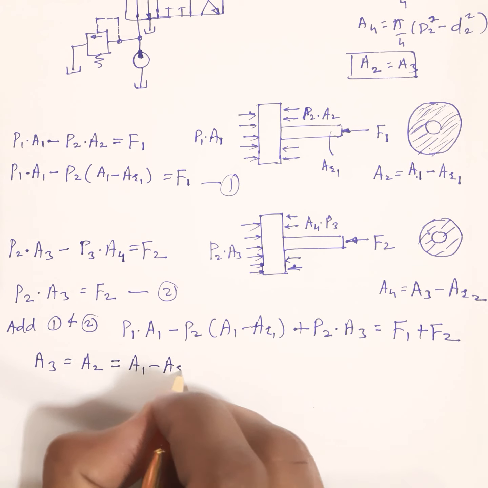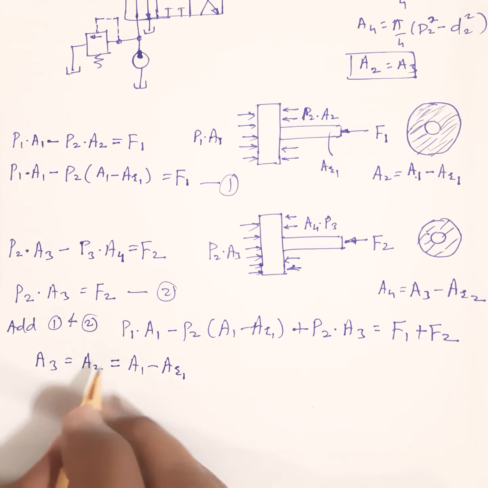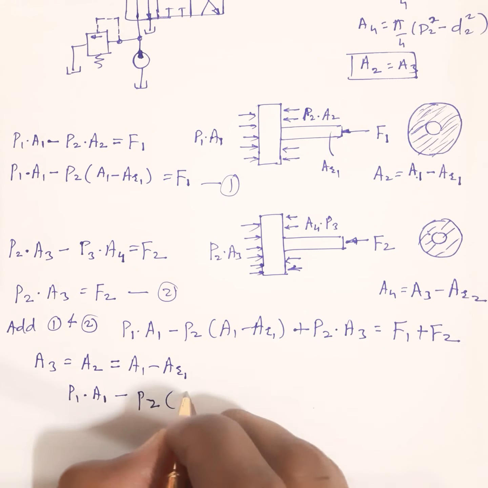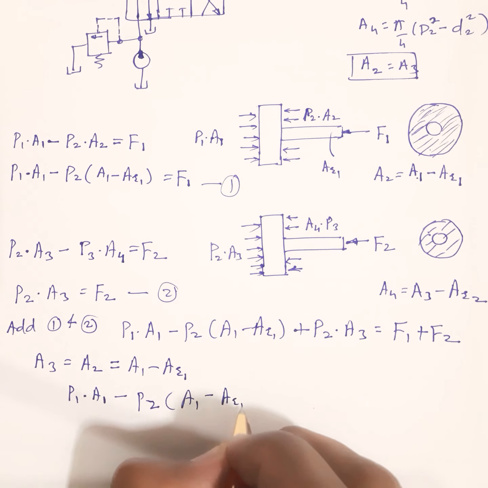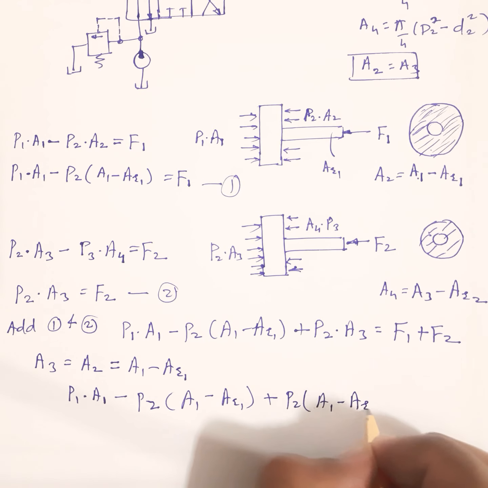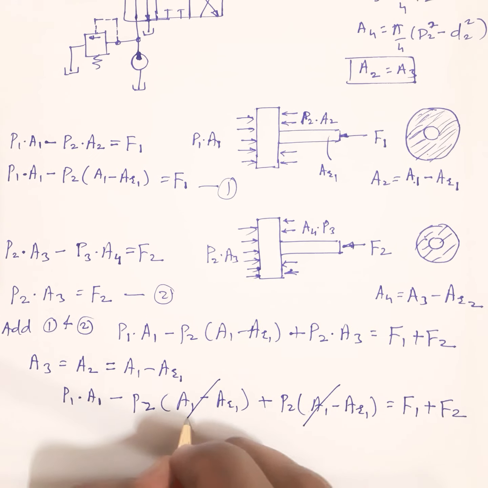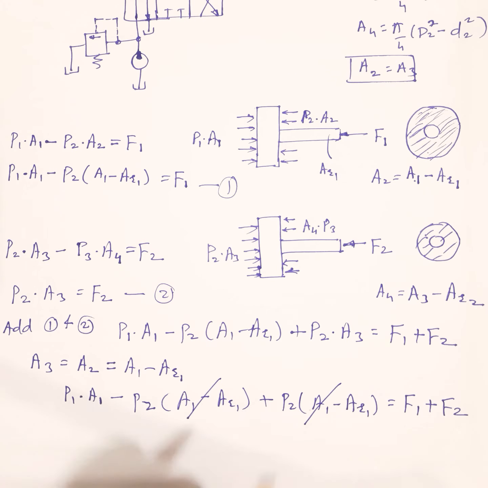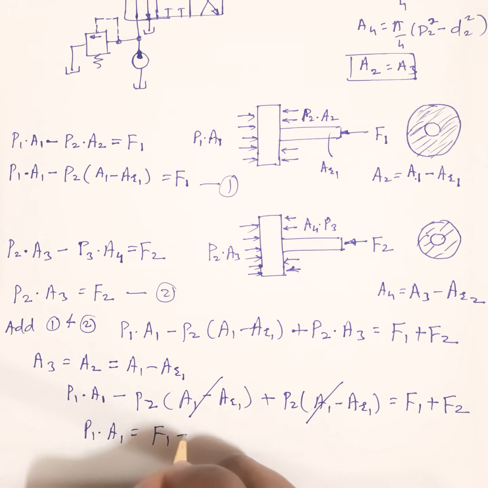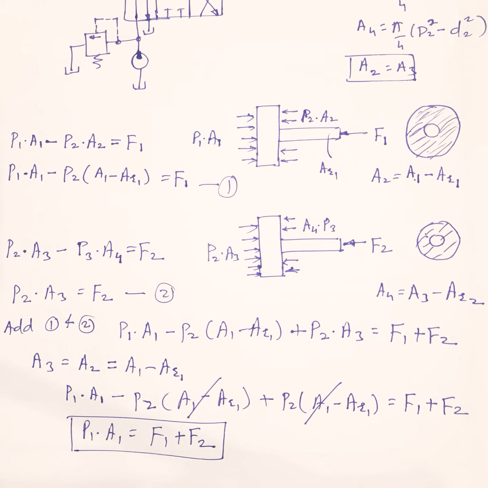Therefore if you put A1 minus AR1 instead of A3, your equation will become P1 into A1 minus P2 (A1 minus AR1) as it is, plus P2 into (A1 minus AR1) is equal to F1 plus F2. Now this term and this term we can cancel because one is minus and the other is plus, so your equation will become P1 into A1 is equal to F1 plus F2. So this is your final equation in the case of the synchronization circuit.